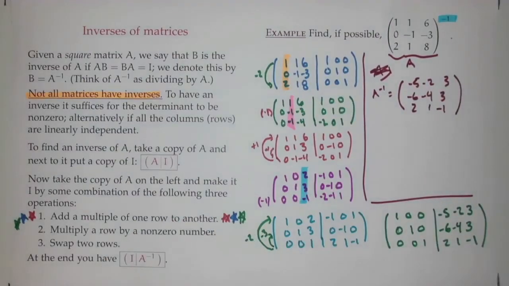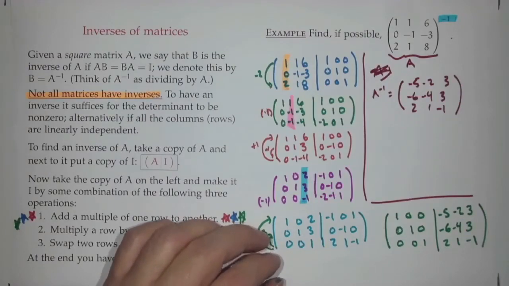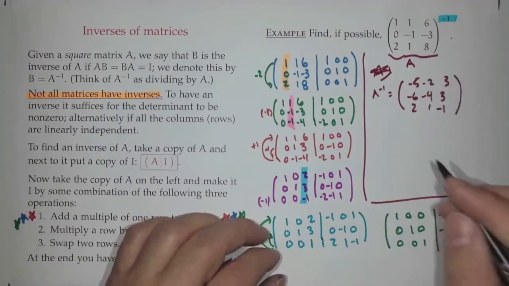Now, can we check our work? Yes. Well, you can always check your work by redoing it, but suppose we didn't want to redo it, and we weren't even convinced that this was going to work in the first place. There still might be some skeptics in the audience. What can we do to convince ourselves that this is, in fact, the inverse that we're looking for? Yeah, we multiply them together.